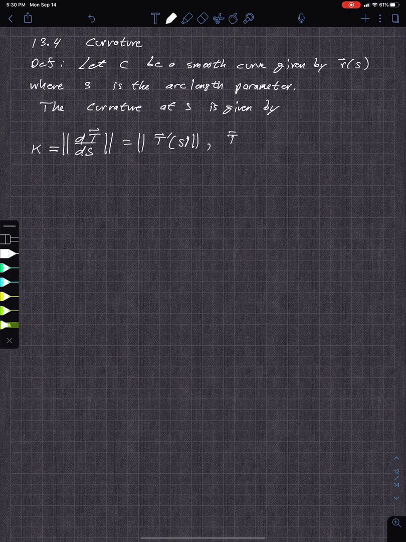Where T is the unit tangent vector. It is the rate of change of the unit tangent vector with respect to not time, but the arc length, the length that it traveled or length that you increment.